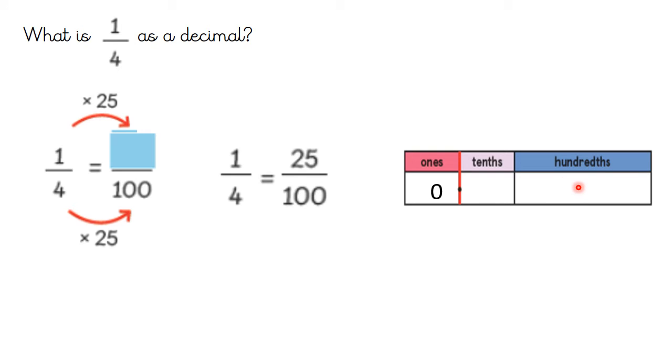So we will convert this 25 hundredths into 2/10 and 5 hundredths. So as a decimal, 1/4 is 0.25. So really all you have to do is take your fraction and convert it into either tenths or hundredths to turn fractions into decimals.